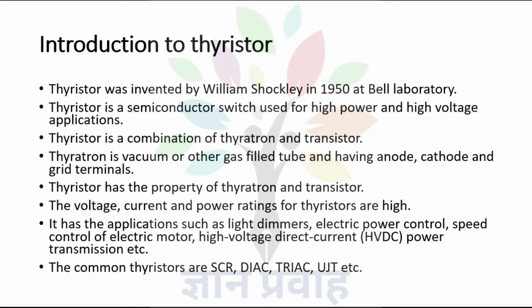And these devices are used in power electronics, where we require different applications such as light dimmers, electric power control, speed control of electric motor, high voltage direct current or HVDC power transmission. And commonly used thyristors are SCR, silicon controlled rectifier, Diac, Triac and UJT, unijunction transistor. These are the widely used thyristors for power electronics applications.